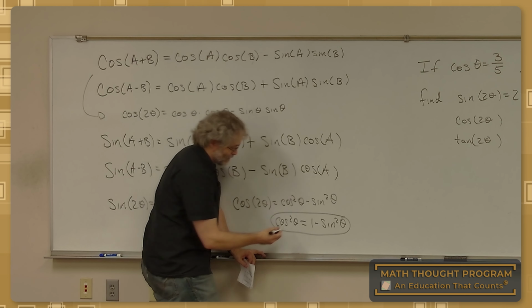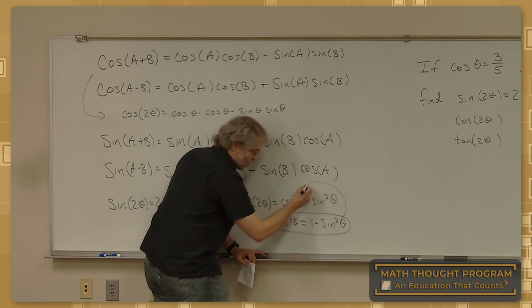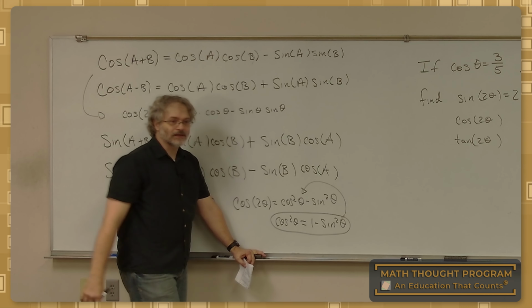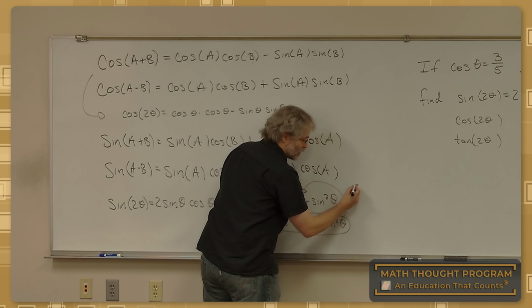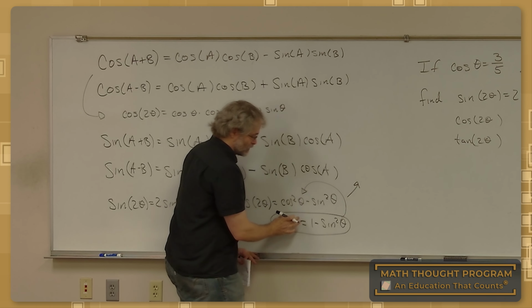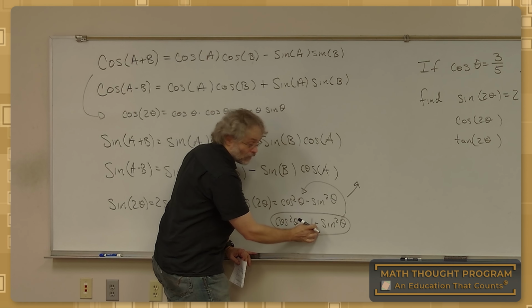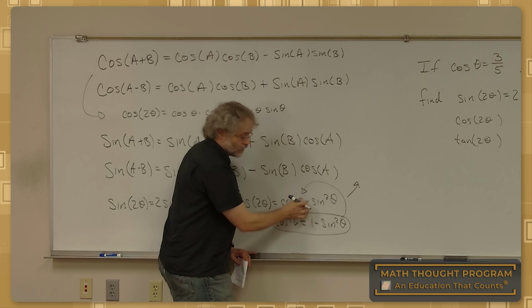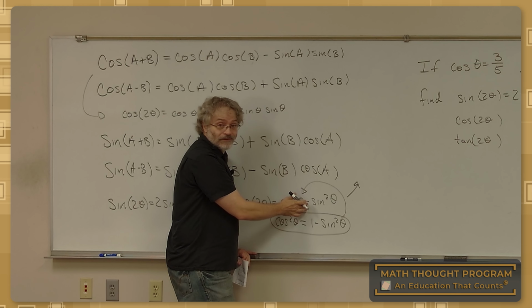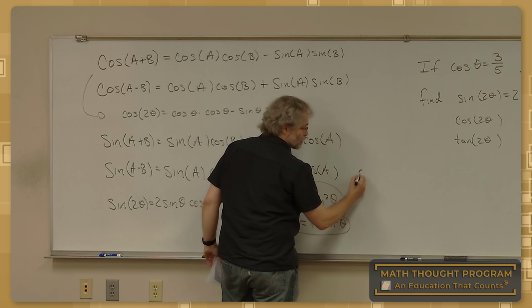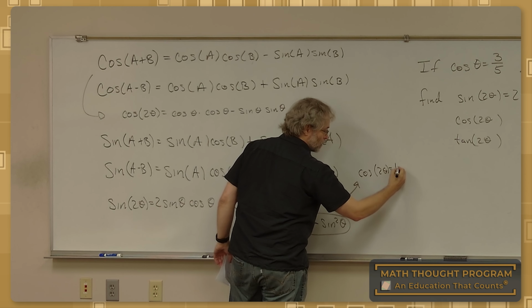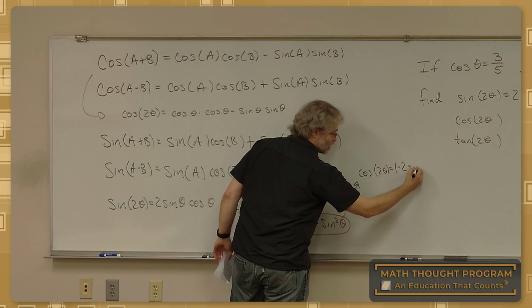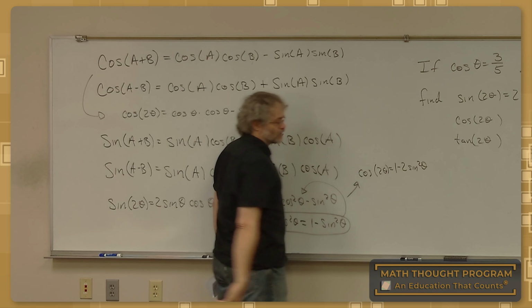Do some math. Take it and plug it in up top. What you would get out of this is 1 minus sine squared, but you're already subtracting off the sine squared. Cosine 2 theta becomes 1 minus 2 sine squared theta.